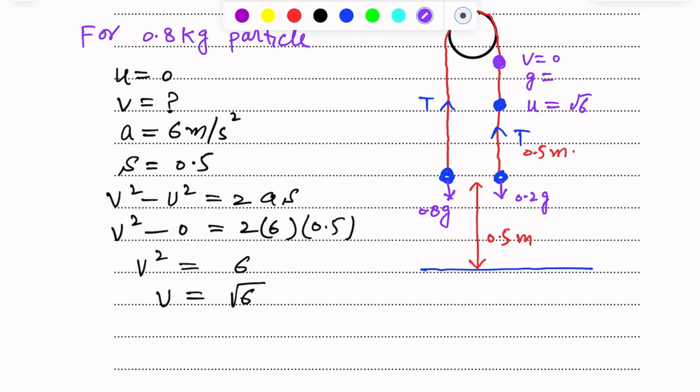Acceleration due to gravity for upward motion is minus 10 meter per second square. Now from here we will find this distance.